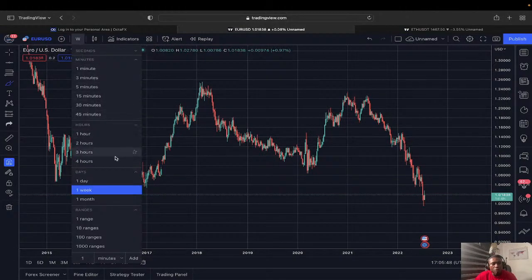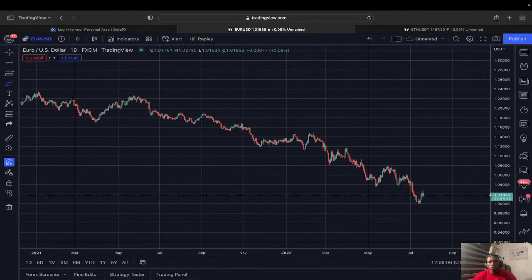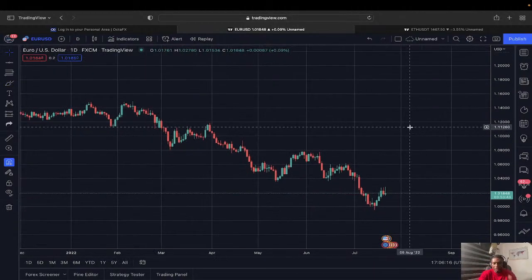So let's go down to the daily time frame. From the daily time frame, we would be able to see what is happening on each day of the week, or what has happened. The interesting thing about the chart is that it helps you to see what has happened, what is happening, and what will happen.